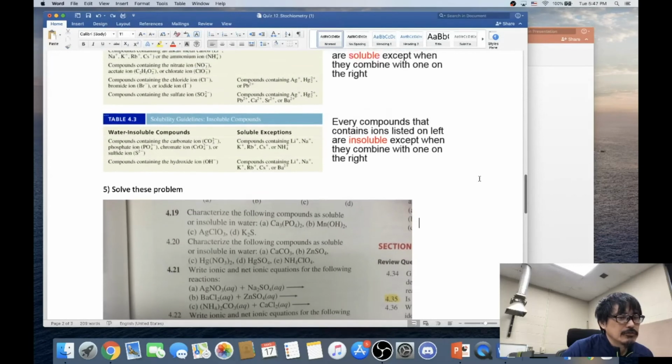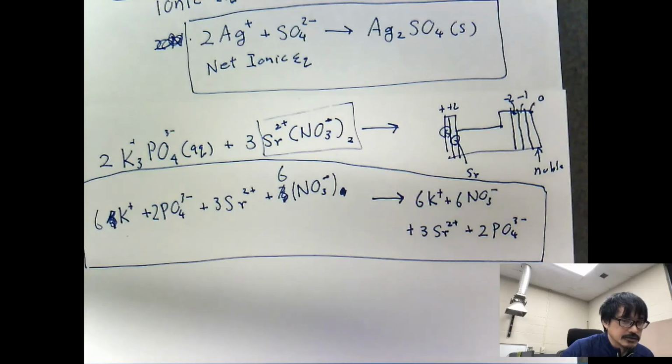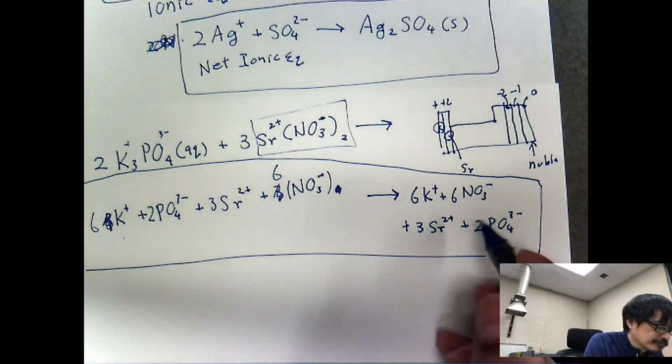What I'm looking for is the PO4 3 minus. Generally speaking, it's going to be water insoluble. The exception is this one, but strontium is not included here. So that Sr PO4 pair is going to be solid, water insoluble, right? So I have to change a little bit around here.